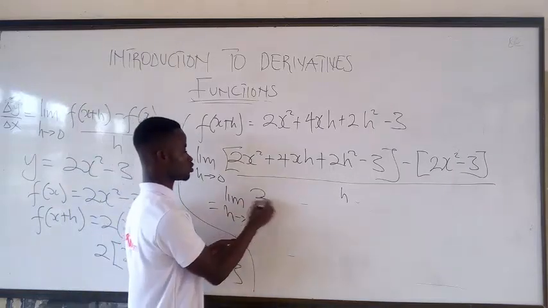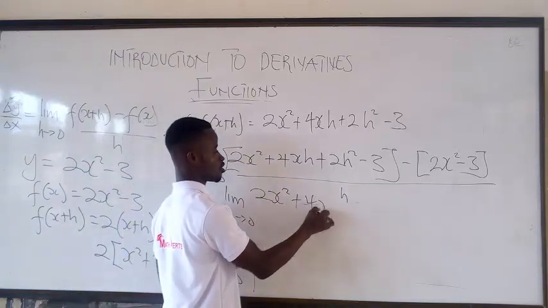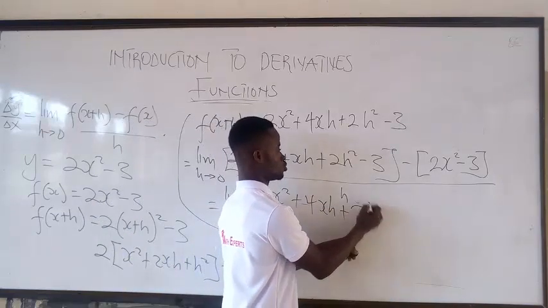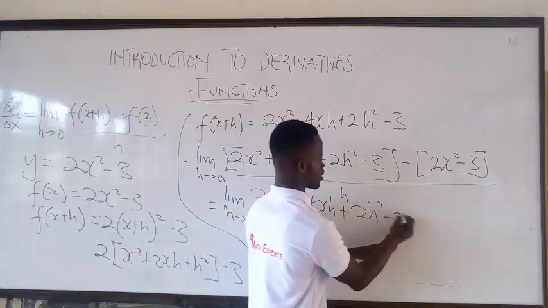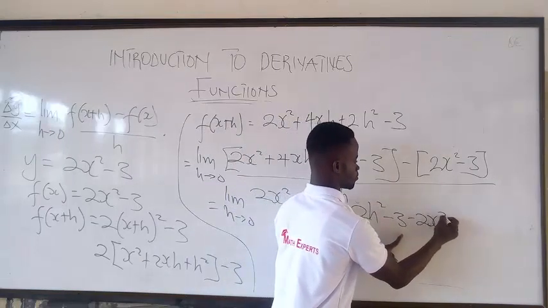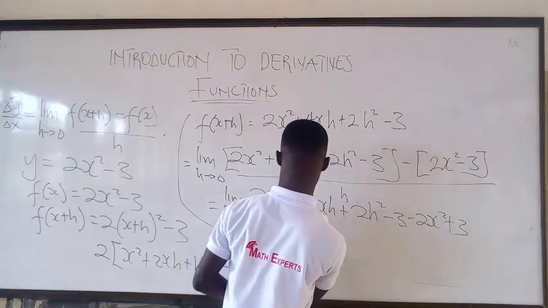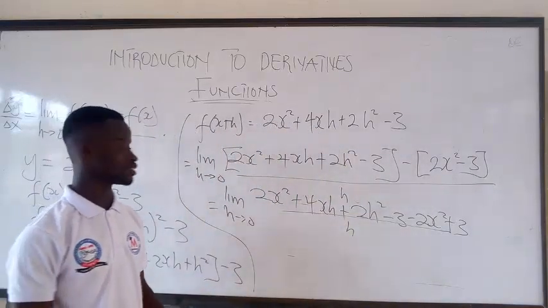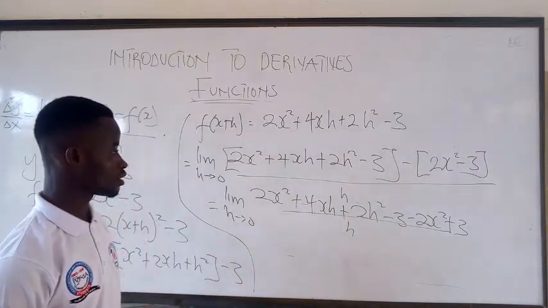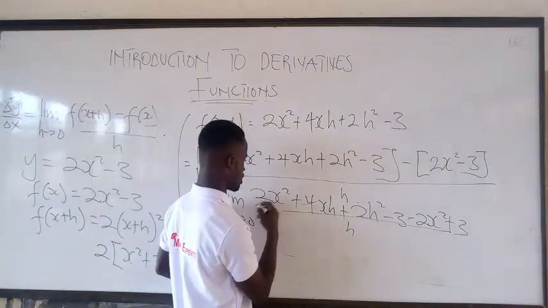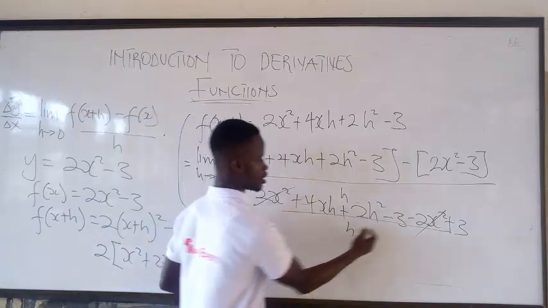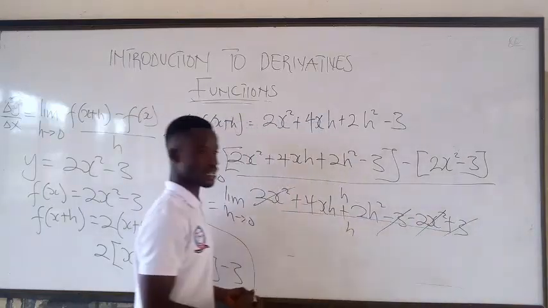So here we get 2x squared plus 4xh plus 2h squared minus 3. Alright, so here you can see something that the 2x squared here will cancel this 2x squared. The minus 3 will cancel this plus 3.